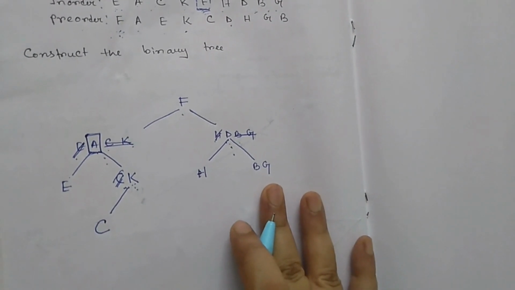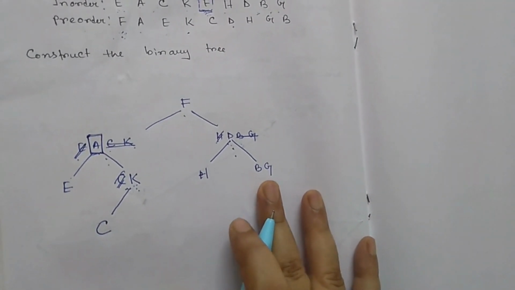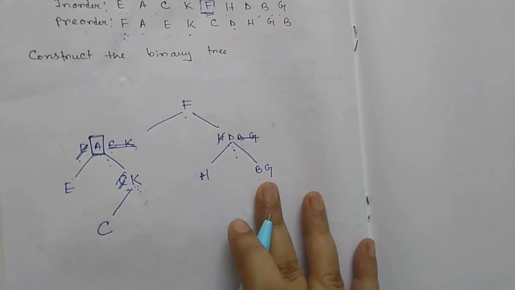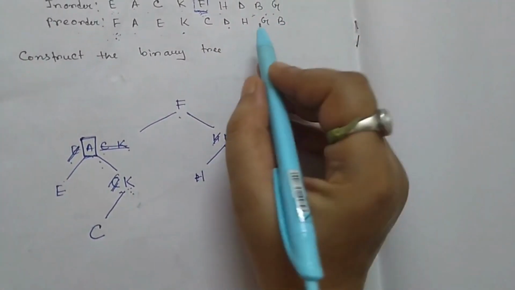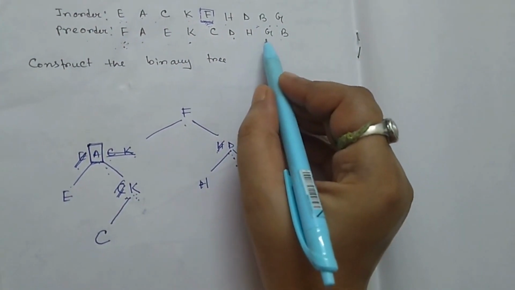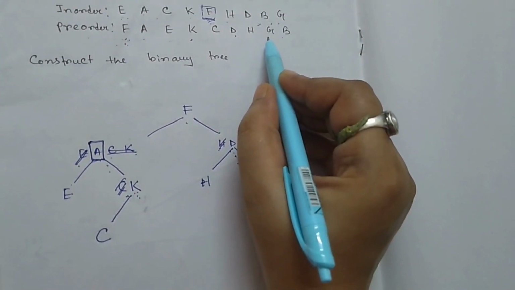Okay, so between B and G, what is the next root value of the right subtree? Here we see that between G and B, G occurred earlier.